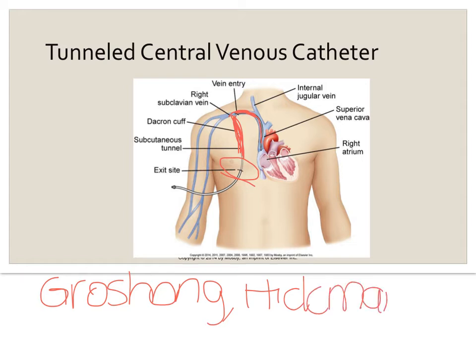So Groshongs and Hickmans are examples of tunneled catheters. The advantages to having a tunneled catheter is there is a decreased incidence of infection for people who have tunneled catheters, and tunneled catheters can also stay in longer.